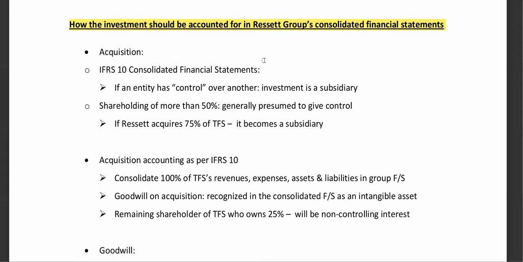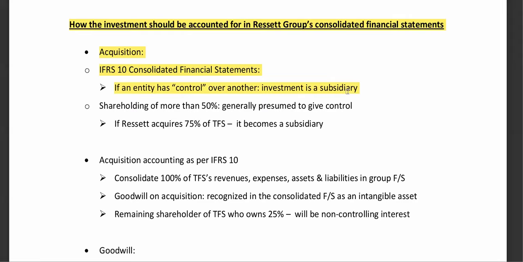The first thing that you would have to explain in your answer is that if an acquisition is presented to you, you should state that the acquisition should be accounted for in terms of IFRS 10 consolidated financial statements. And as per IFRS 10, if an entity has control over another, the investment would be deemed to be a subsidiary. And IFRS 10 has further guidelines on how we would determine control.